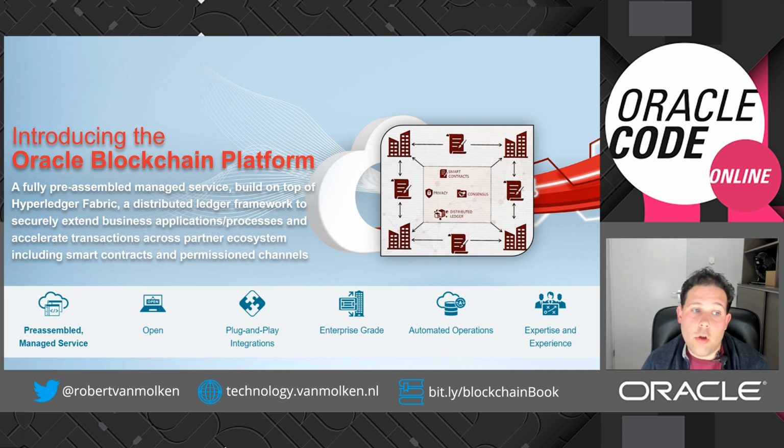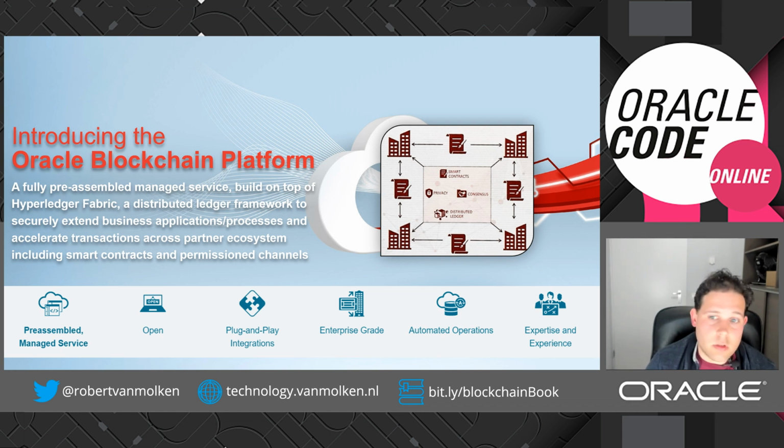With it, we can securely extend our already existing business applications and processes. Maybe we have something in ERP, or we already have a front end and things like that. It's really used to accelerate transactions across partners in one ecosystem. It includes smart contracts and also permissioned channels. We will see in a moment what that means.